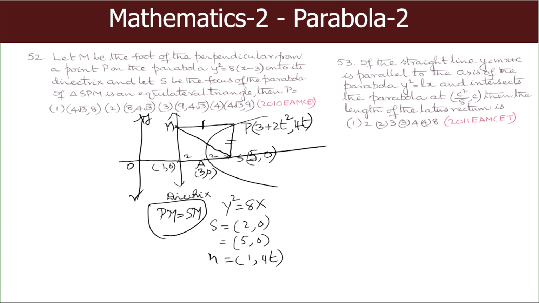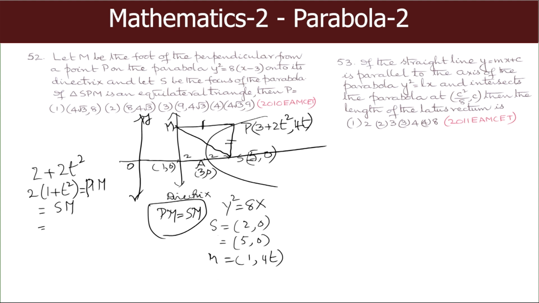Well, PM equal to the difference of the x coordinates, 3 plus 2t² minus 1, that is equal to 2 plus 2t². So, 2 into (1 plus t²), that is equal to PM, that is equal to SM.